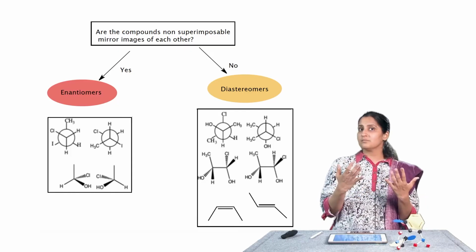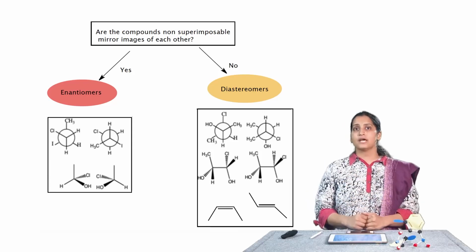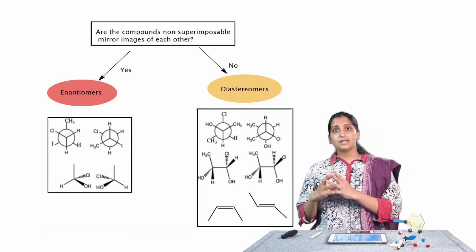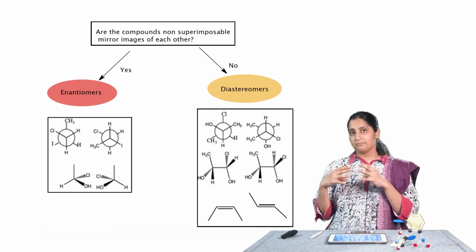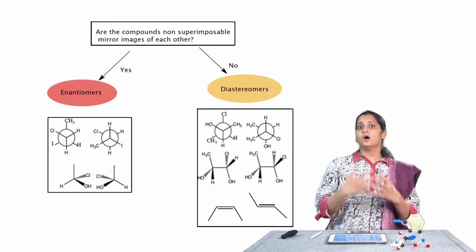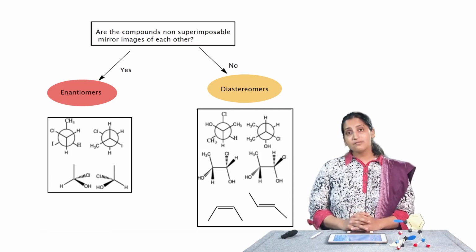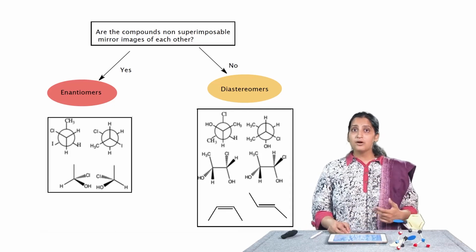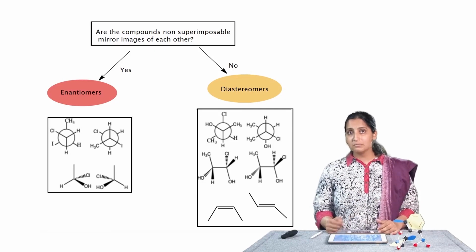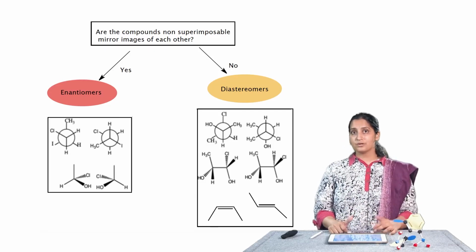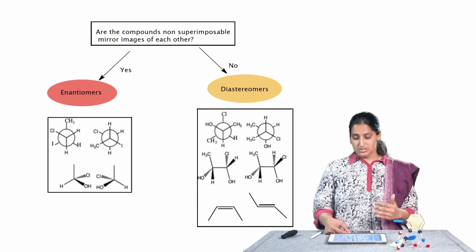They are mirror images, but they cannot lie on top of each other such that they coincide. Diastereomers are two compounds that are non-superimposable, non-mirror images of each other. For example, the double bonded compounds shown here are diastereomers. They cannot interconvert very easily at room temperature, and they are non-mirror images.